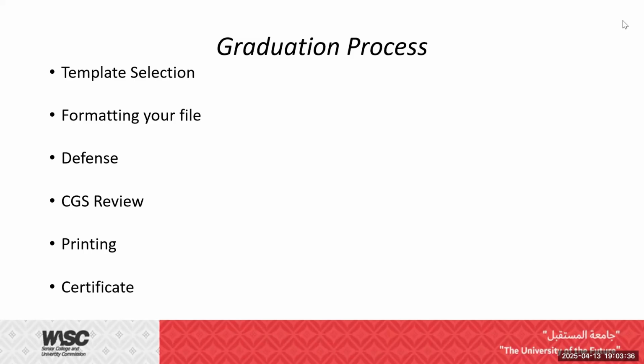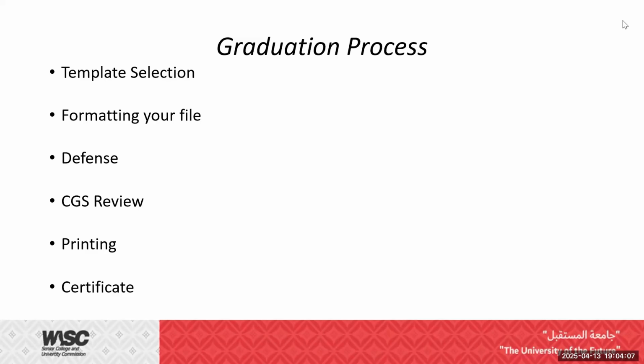So my presentation today will include how to select the appropriate template for your file. I mean, if you are a master student, you will have a different template than the PhD student. Again, how to format your file, then holding your defense, and then submission of the file to CGS for the review and final approval.